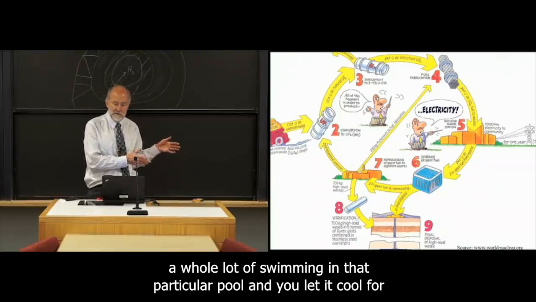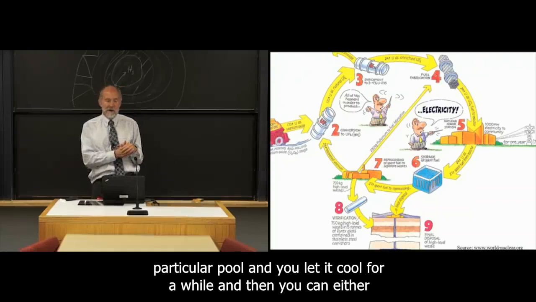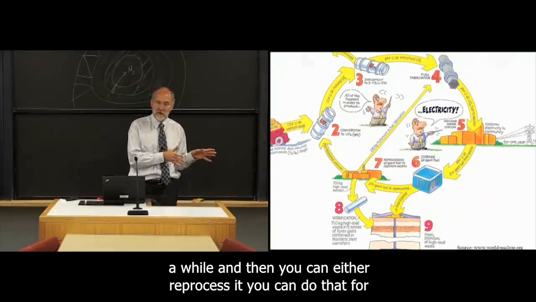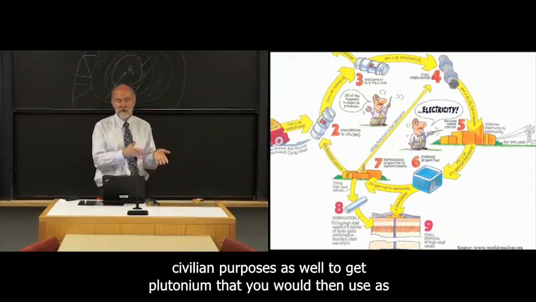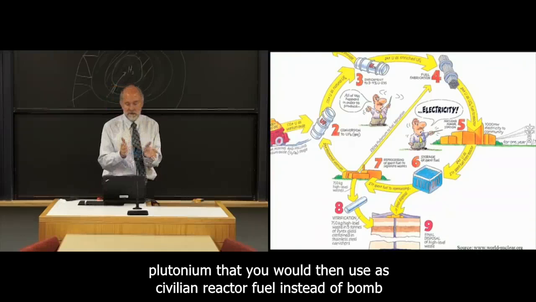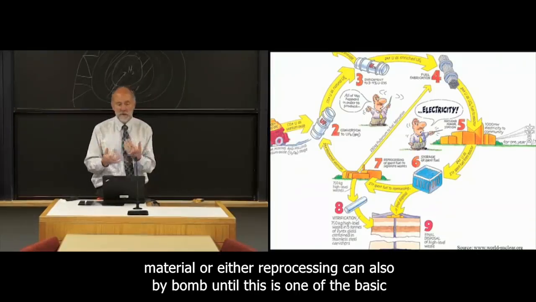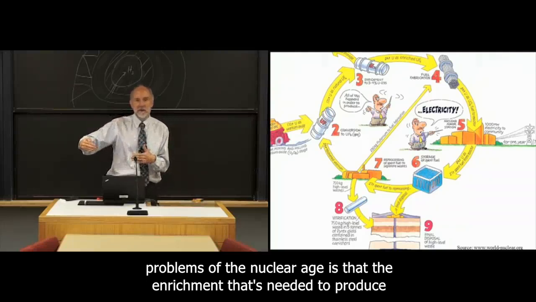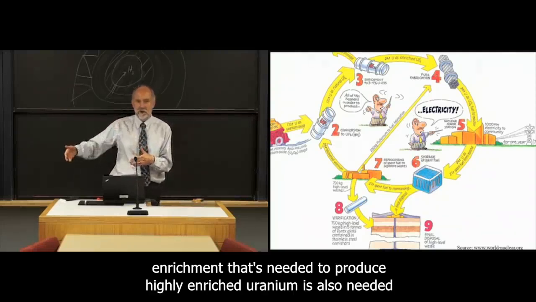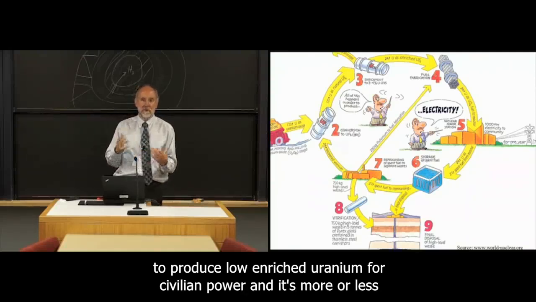and you let it cool for a while, and then you can either reprocess it. You can do that for civilian purposes as well, to get plutonium that you would then use as civilian reactor fuel instead of bomb material, or the reprocessing can also provide bomb material. This is one of the basic problems of the nuclear age, that the enrichment that's needed to produce highly enriched uranium is also needed to produce low enriched uranium for civilian power.